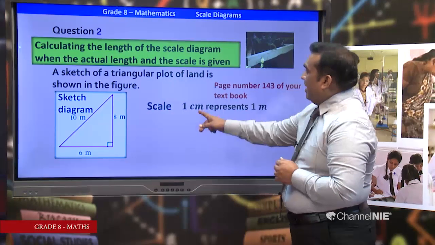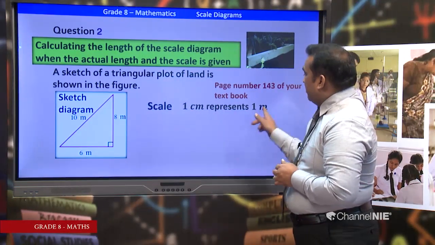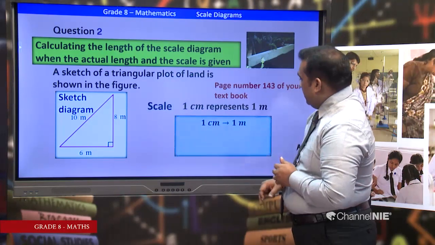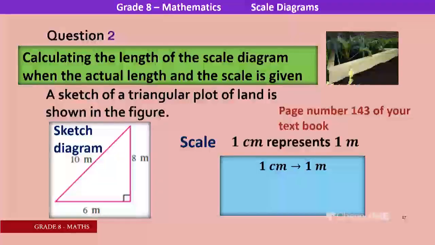Scale, 1 centimeter represents 1 meter. Then 8 meter means 8 centimeter. 6 meter means 6 centimeter. 10 meter means 10 centimeter. 1 centimeter, 100 centimeters, because 1 centimeter, 1 meter, no?